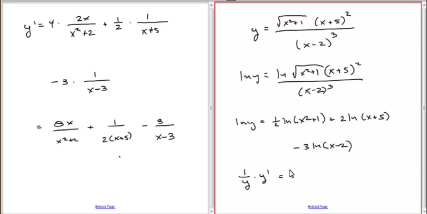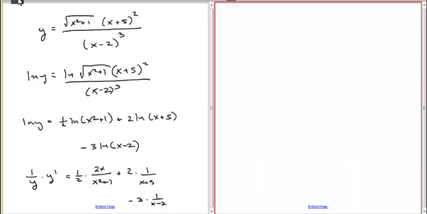And then we do all these, so you get 1/2 times, you put the argument of the logarithm in the denominator, you take the derivative of the argument, the derivative of this is 2x, then you have 2 times 1 over x plus 5, minus 3 times 1 over x minus 2. So this is the differentiation process.